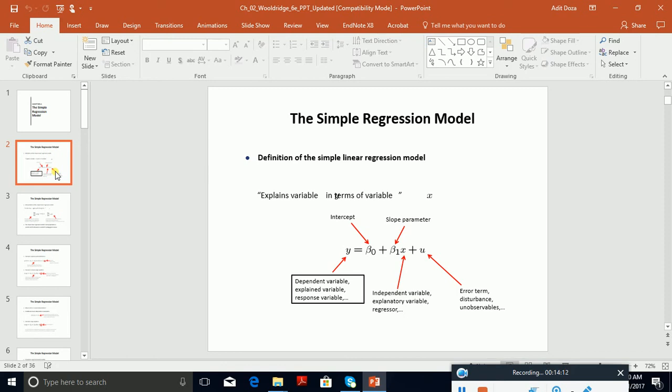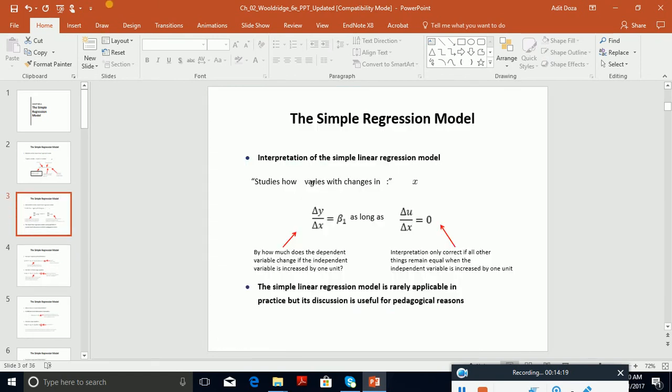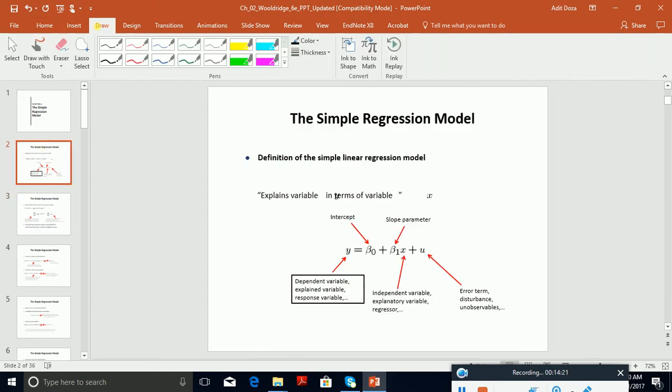So slide 2 is similar to slide 7 of chapter 1. Both are talking about the same thing, but this is more in a general form, not a wage equation form. Like y equals b x plus u.